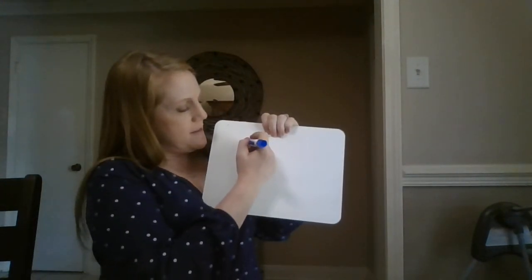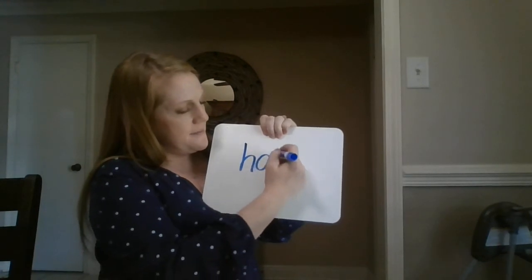Say the word haven't. Let's tap the two parts in haven't. Have-n't. Pause the video and write the contraction haven't. Are you ready to check? Haven't. The first part is have.